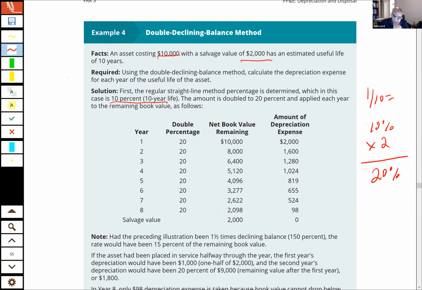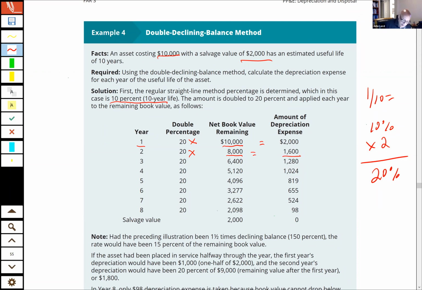Notice I take the 10,000 in year one, the original cost, multiply it by 20%. That gives me 2,000 of depreciation for that first year. Now, I don't use the salvage value, but I subtract my depreciation from the 10,000, and I've got 8,000 left. I multiply that by 20%, which gives me 1,600 for the next year.